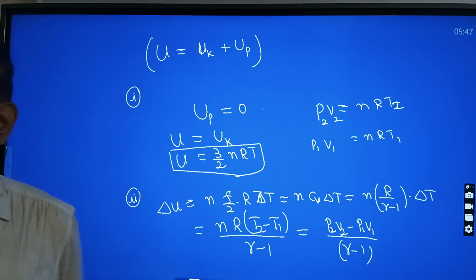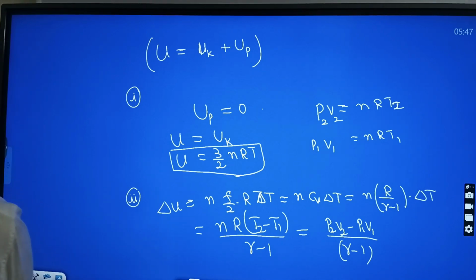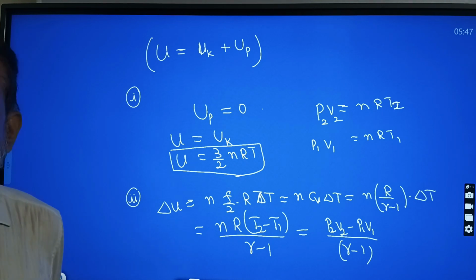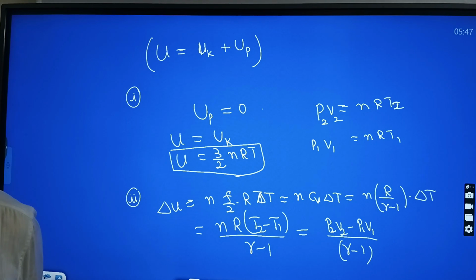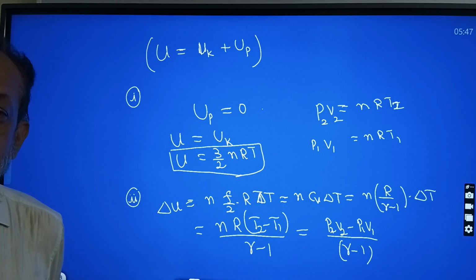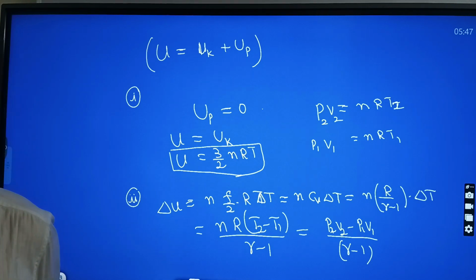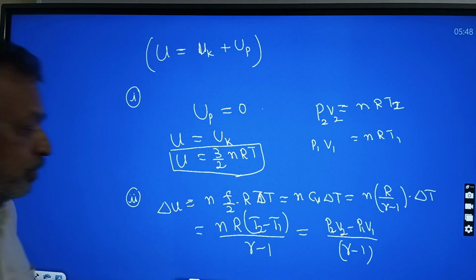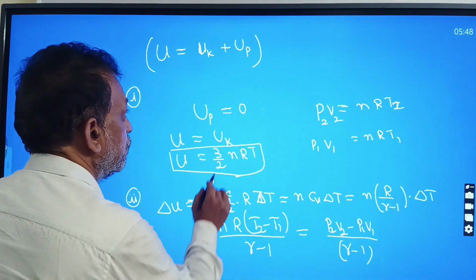So it is called a point function. It depends only on the initial and final states of the system.